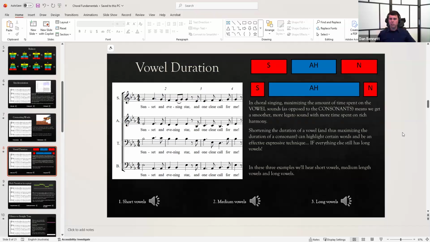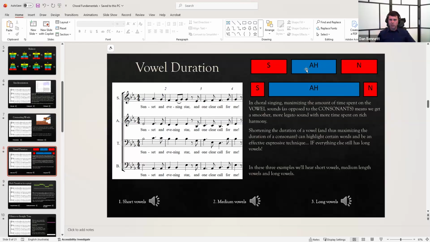So it's about creating contrast. If you want to bring out a word, you could really emphasize the consonant sound in that word, but it only stands out if everything else is smooth and legato. So use with caution.